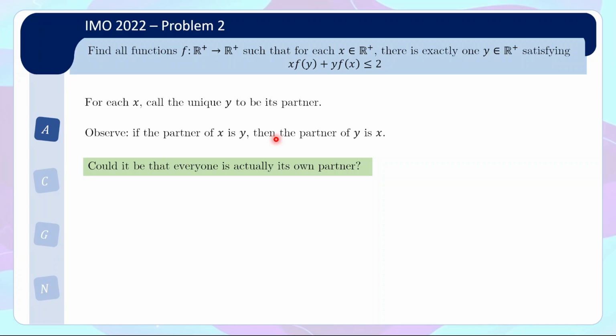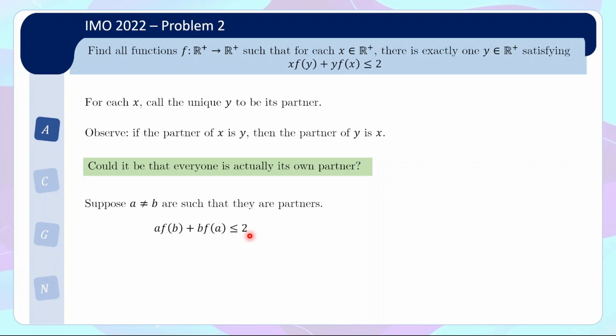Could it be the case that actually everyone is its own partner? It sounds like a very lame thing, right? But let's see what happens if there are a not equal to b, such that they are partners. So the partner of a is b and the partner of b is a, and they are not equal. Now, by definition of partners, this inequality is true.